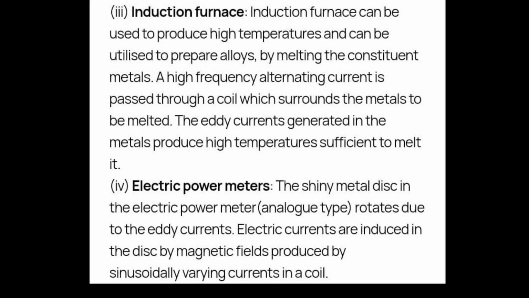Then eddy currents are generated in the metal and produce high temperature which is sufficient to melt it. Another use is in electric power meters. The shiny metal disc in the electric power meter rotates due to the eddy current. Electric currents are induced in the disc by the magnetic field produced by the sinusoidally varying current in the coil.